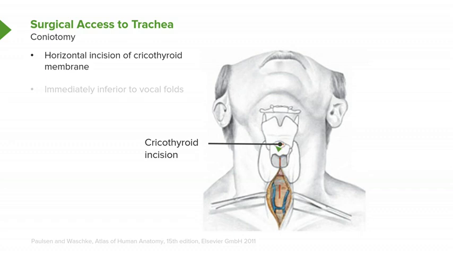One would get to this level surgically, and then a horizontal incision would be performed. And then the patient could be ventilated. This area here in a coniotomy is immediately inferior to the vocal cords or folds.